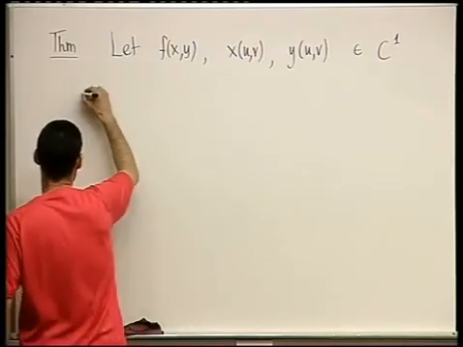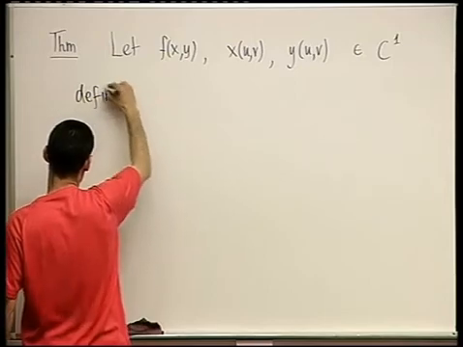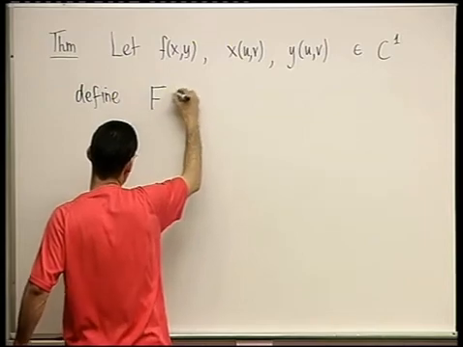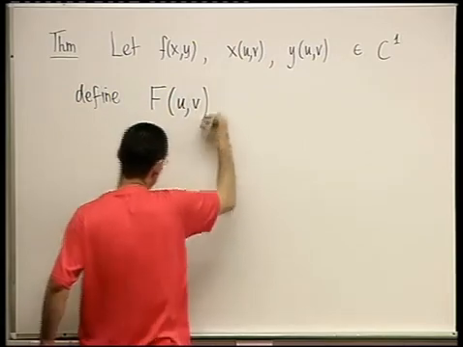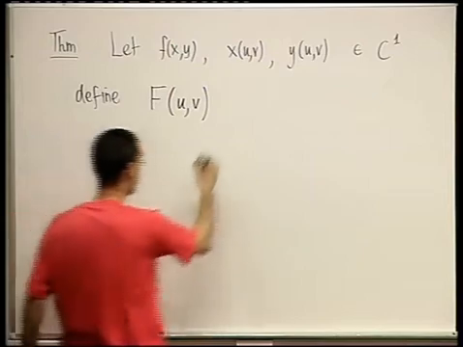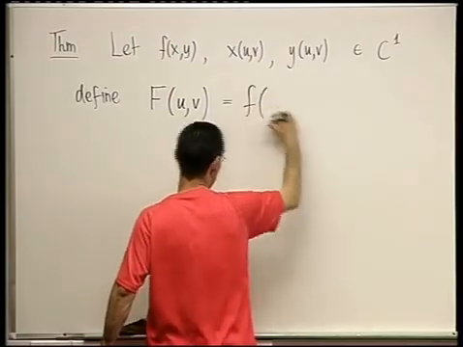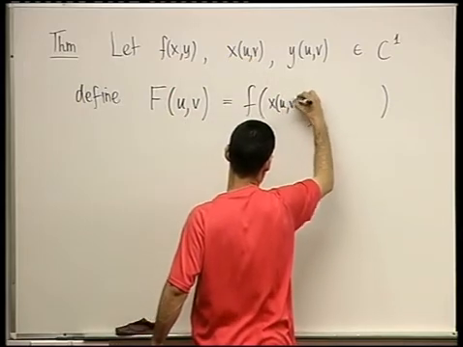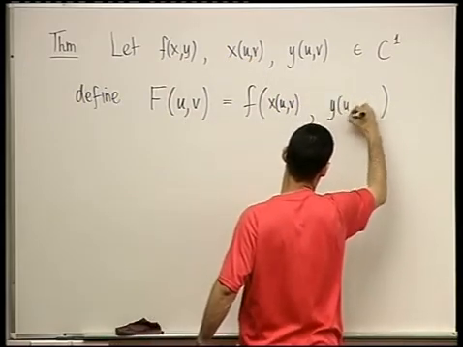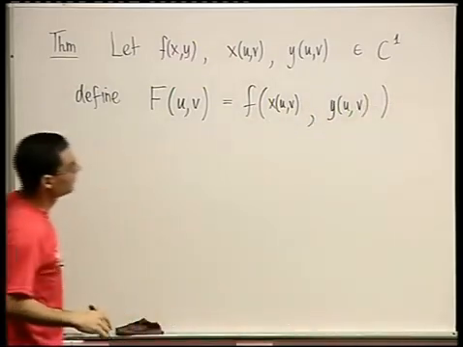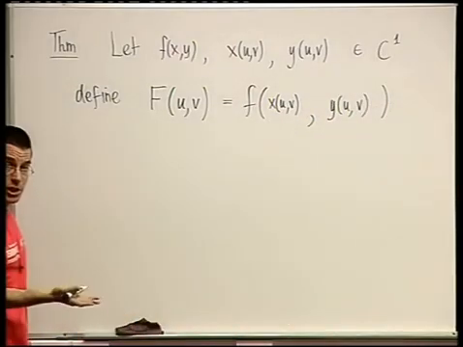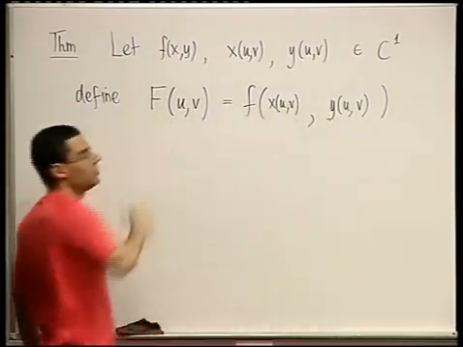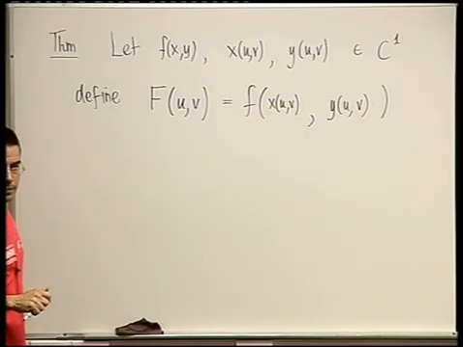And define capital F, which is now a two-variable function of u and v, to be little f of the x-coordinate x of u, v, and the y-coordinate y of u, v. So again, this is a composition, but this time both the outer function and the inner functions are all two variable. Clear?